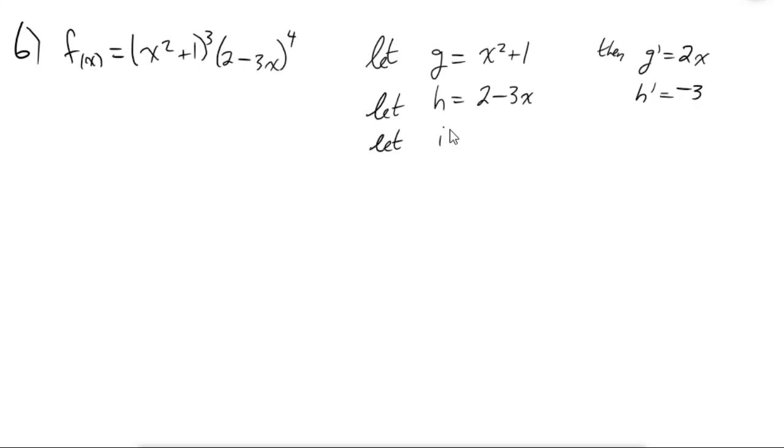We will define our function i equal g to the power of 3, and j equal h to the power of 4. So that way we can do our chain rule and our product rule, no problem.